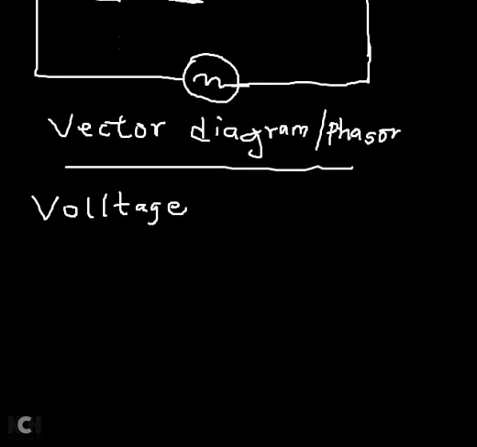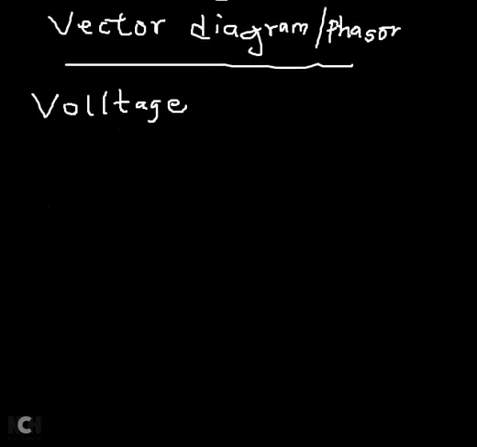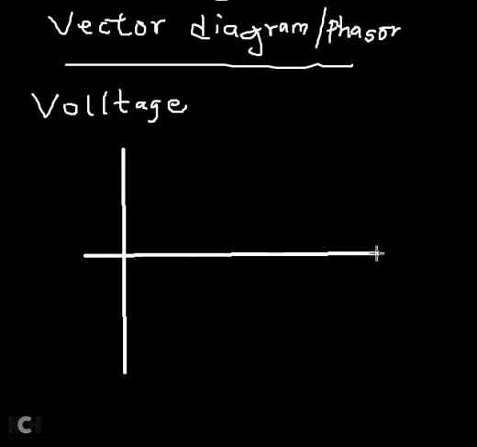We'll have a vertical line that represents the phase angle of 90 degrees, and a horizontal line that represents the phase angle of 0. Positive, negative, and of course positive.